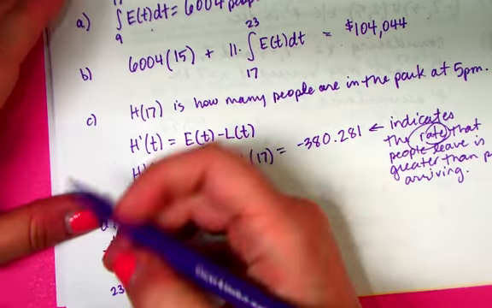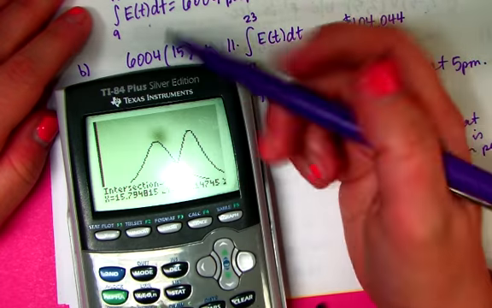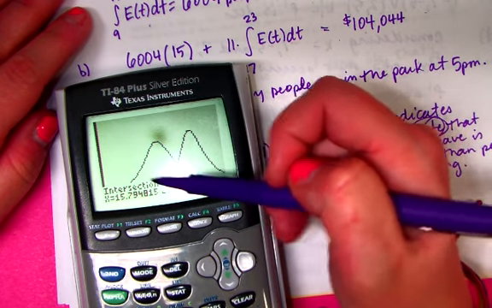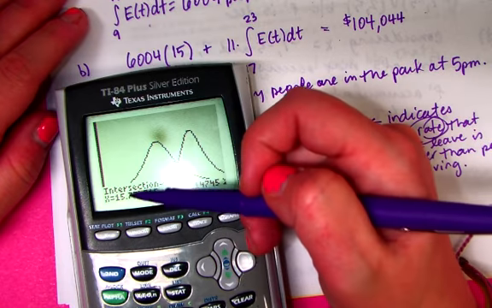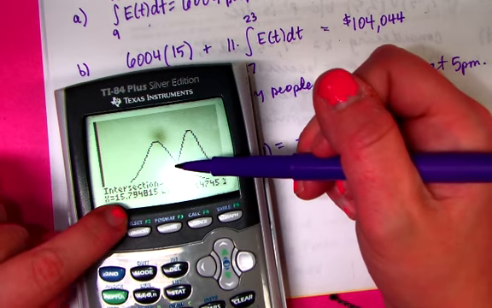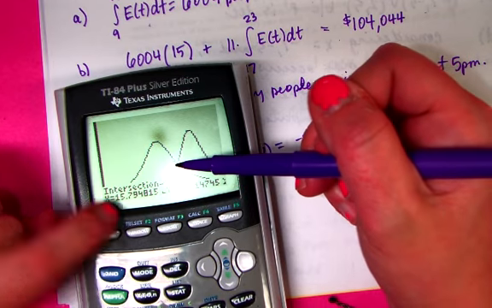And let's think again about what's going on. This was the first one, right? So this is entering the park is greater than how many are leaving up until 15 hours past midnight, right? So it's 3 p.m. So this will probably be the maximum here, I would guess.